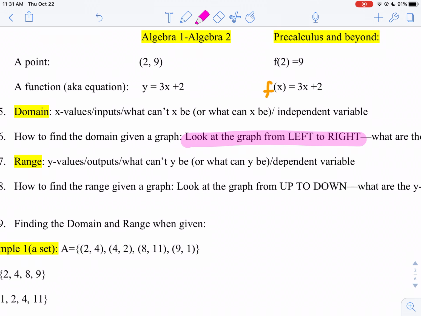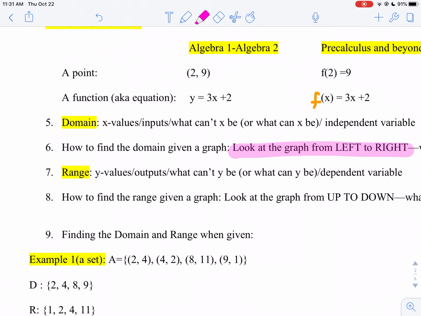All right, the range is your set of y values. It is your outputs. Again, ask the question, what can't y be, or what can y be? Depending on the function, sometimes it's easier to answer what can't y be, or sometimes it's easier to answer the question, what can y be?